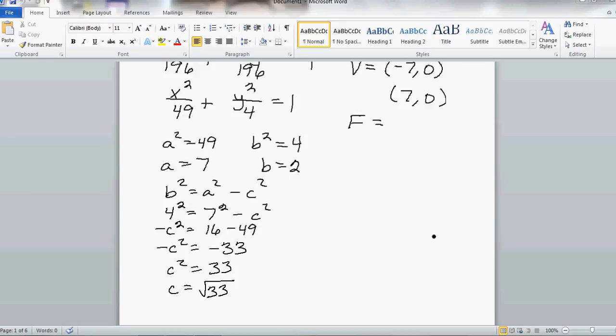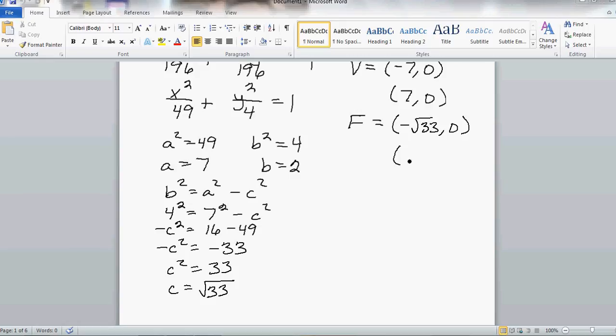So now realize c represents the distance from the center. And so one focus would be on the left side, so that would be negative root 33, 0.